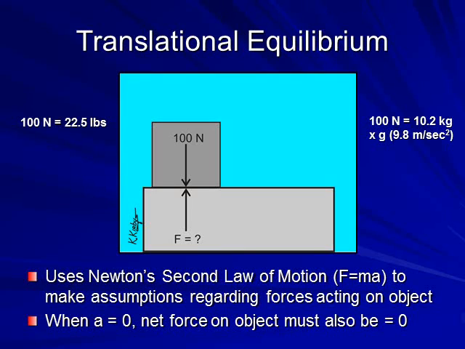Well, of course we do, because we know it's in equilibrium, and we know in order for equilibrium to occur, the forces must exactly counterbalance on an object. So the upwards force from the platform must be 100 newtons, and the downwards force from the object is 100 newtons. That's the given. So we can calculate that force between the box and the platform as being 100 newtons.